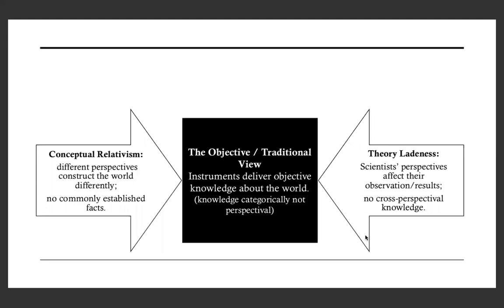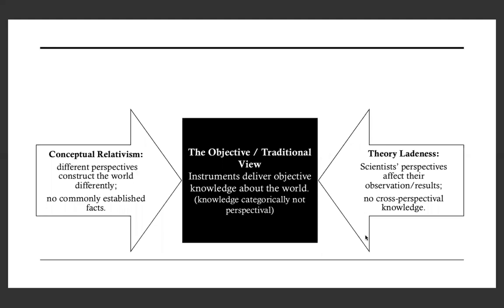These two challenges to the objective view are as follows: conceptual relativism, according to which different perspectives construct the world differently, and there are no commonly established facts; and theory-ladenness, according to which scientists' perspectives affect their observations or results, and there's no cross-perspectival knowledge. This is all more or less old news, and familiar to a lot of people, I think.